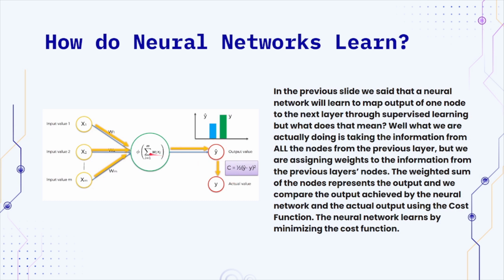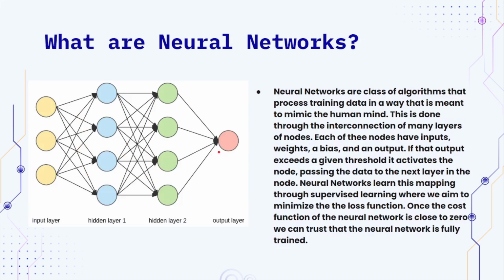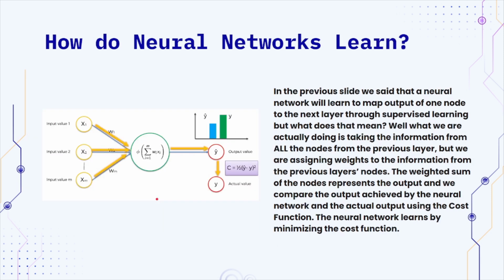And then you get y hat. So after every node, every node going out has this y hat. This y hat is the output value of that node, right? Actually, I'm sorry, let me correct my mistake.